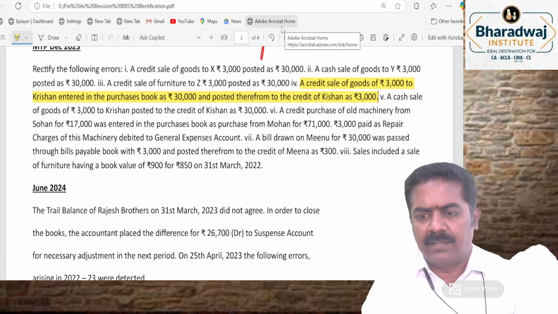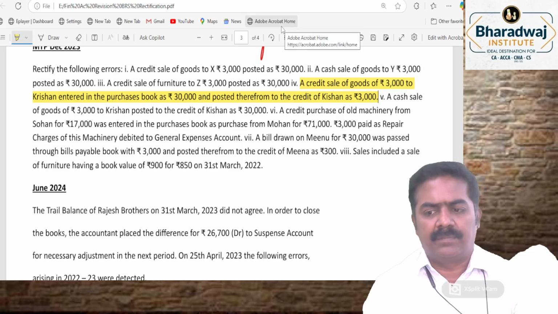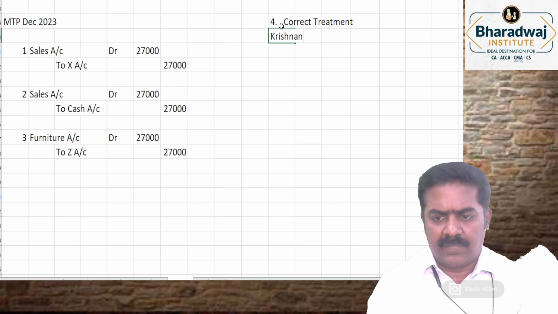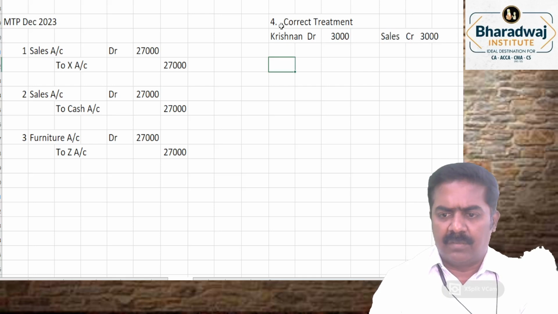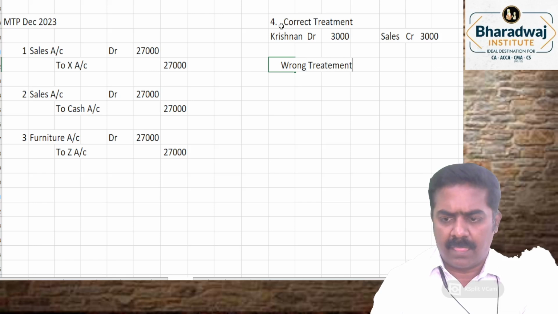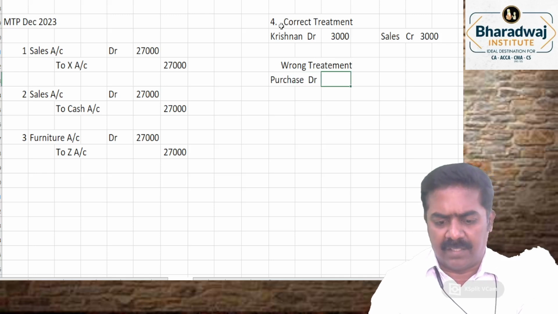Sales done. What is the entry that should have been done? Krishnan account should have been debited with 3,000 and sales account என்ன பண்ணிருக்கணும்? Credit with 3,000. What is the wrong treatment they have done? Purchase account தப்பா debit பண்ணிருக்காங்க 30,000.